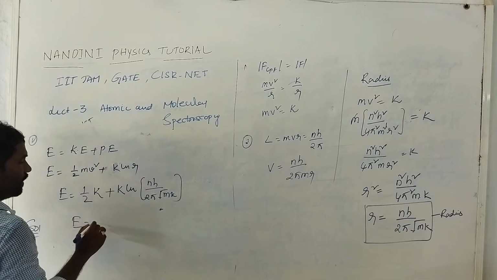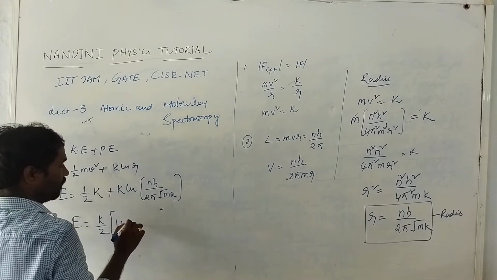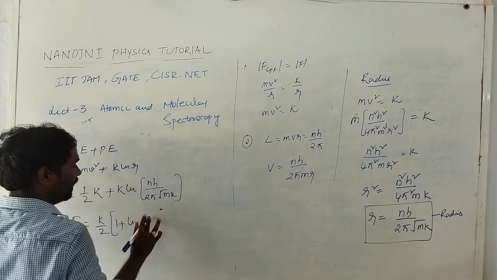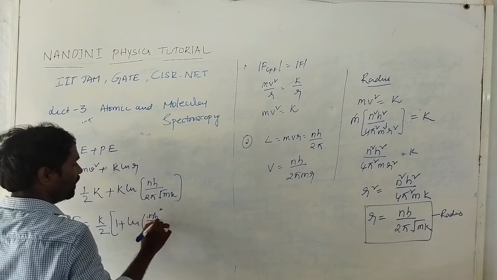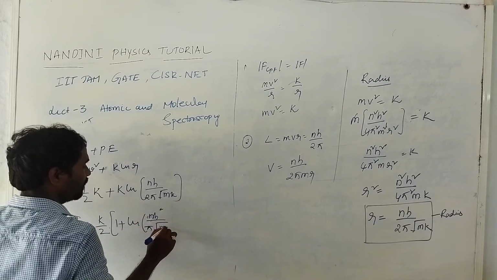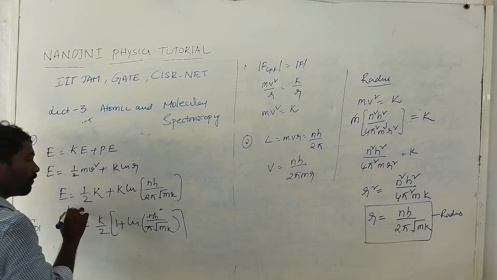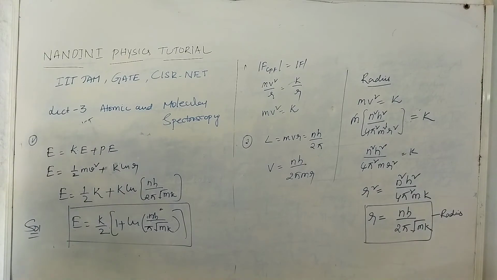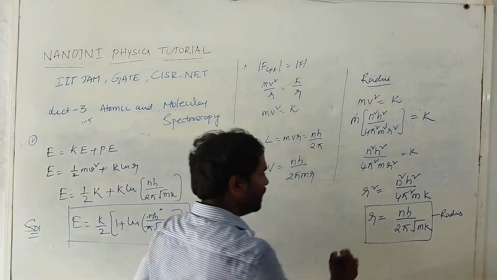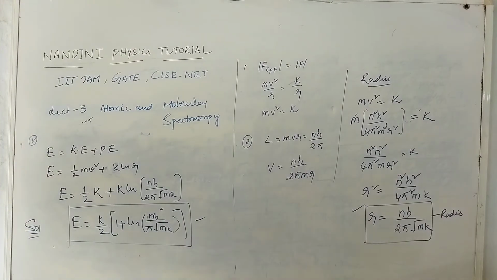Take E is equal to k divided by 2 common: 1 plus ln of nh divided by 2 pi root over mk. So this is your energy formula. Here we calculated both radius and energy.